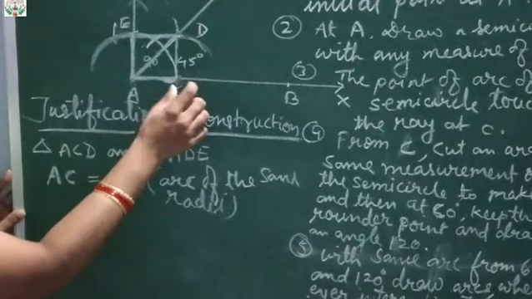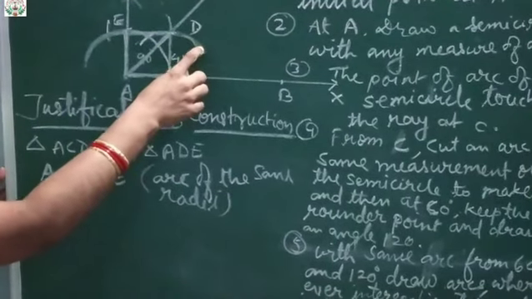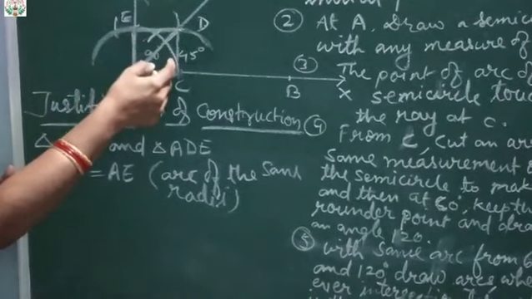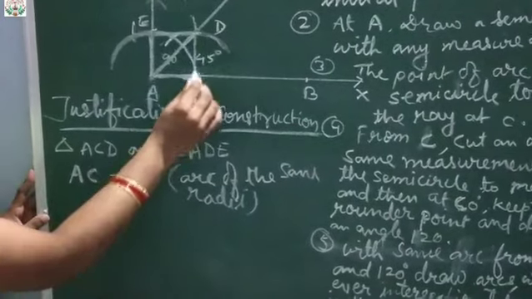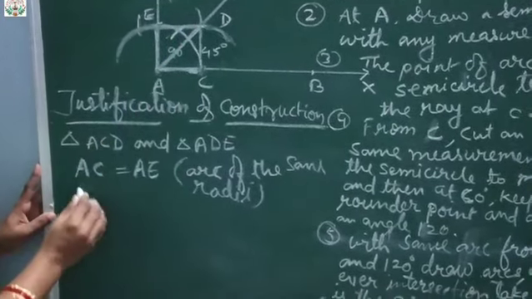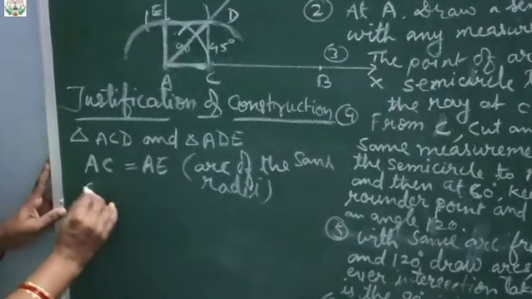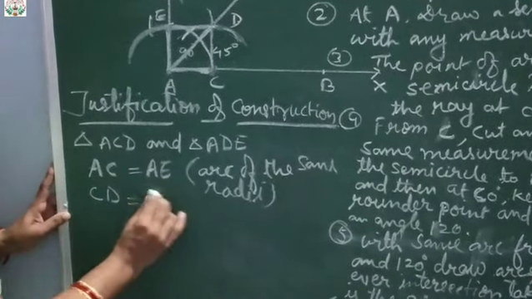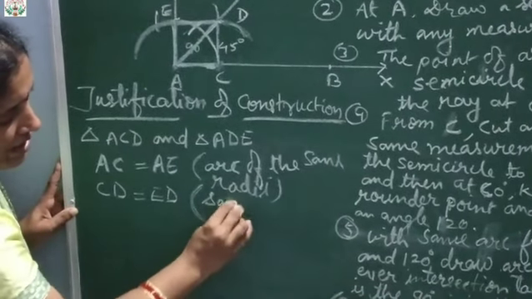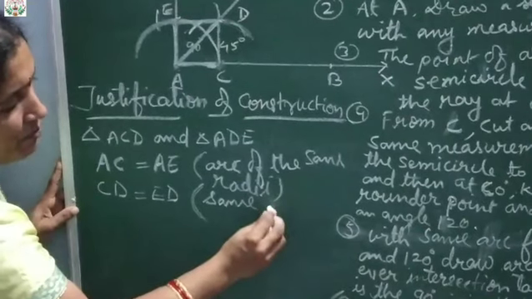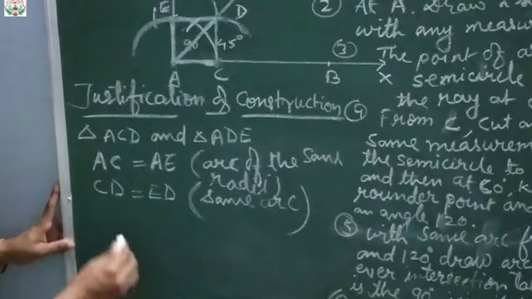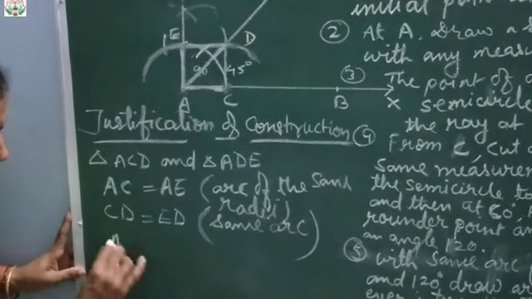And then same way, from C to D we have drawn the arc, and same measurement arc from E to D. So you can write here CD equals ED, same arc. Yes or no? And then AD equals AD, common.